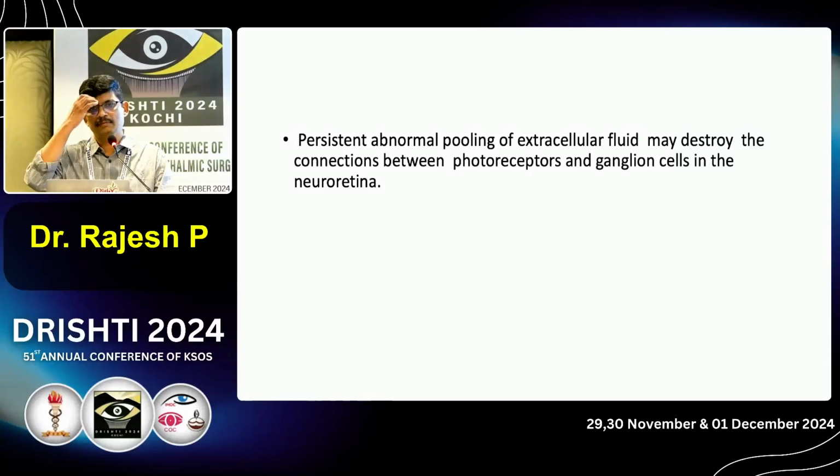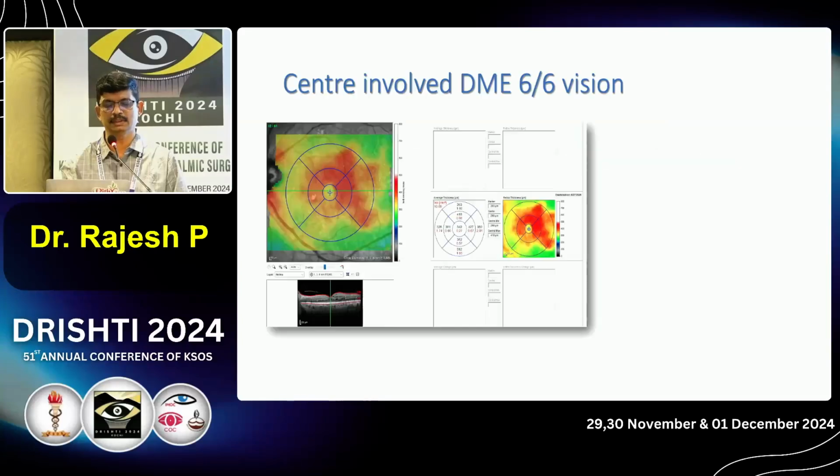So when you are not getting a good anatomic response with a few injections of anti-VEGF, it is not prudent to wait for anatomic response or improvement in vision for more than 3 injections. Most of us now start changing the injections or shifting to steroids after the patient does not show any response after the first 3 injections.